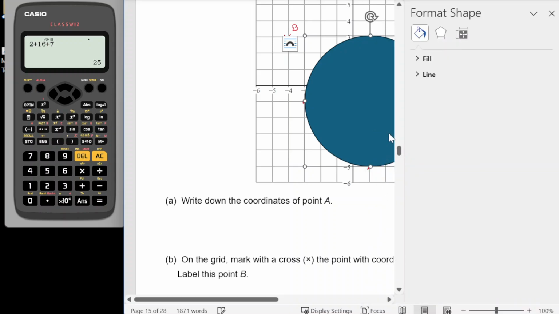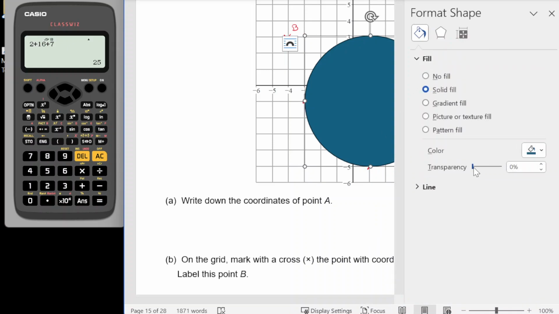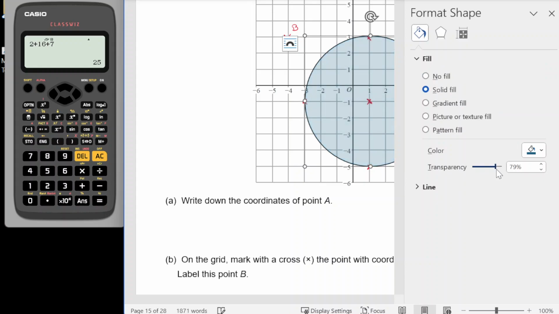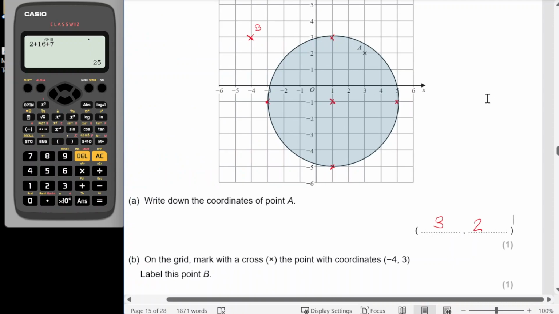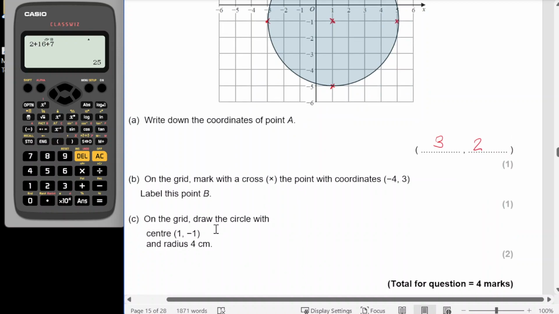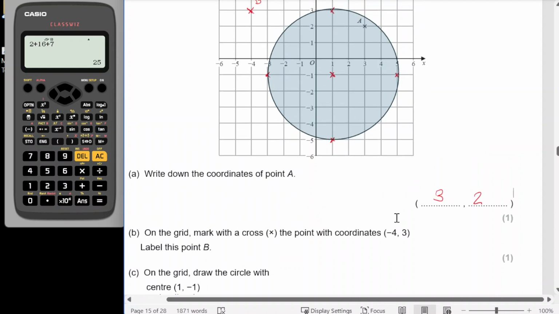I just want to make that a bit see-through. There we go. So that's going to be my circle with a centre of 1, -1, and a radius of 4 centimetres. Yeah, so that's going to be my circle.